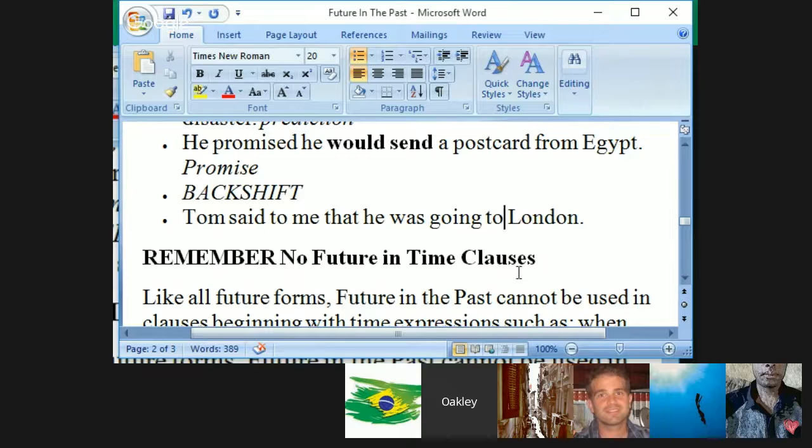If we want to make the future in the past construction, we need going to go. He was going to go to London. What's the difference?